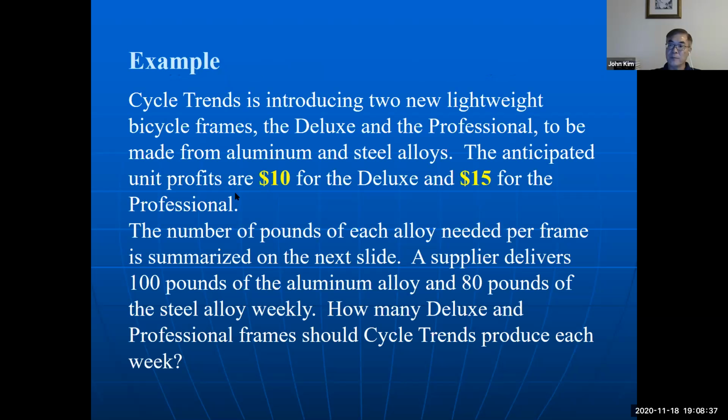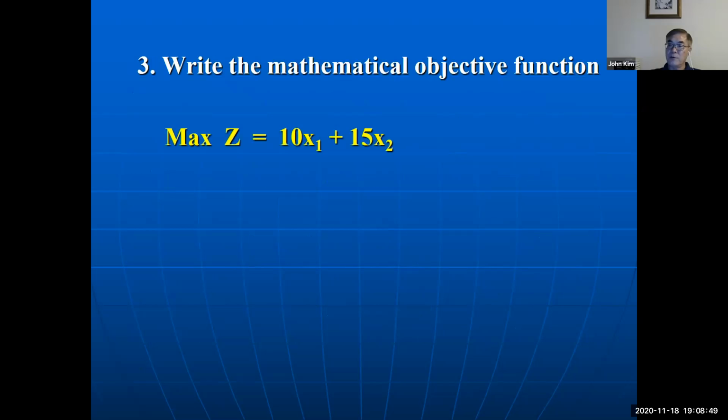If this company produces a deluxe frame and sells it at $10 profit, and a professional frame at $15, the objective function looks like this. Maximize Z, which means profit in this example, equals X1 is the deluxe frame, which produces $10 profit, and X2 is the professional frame, $15 profit.